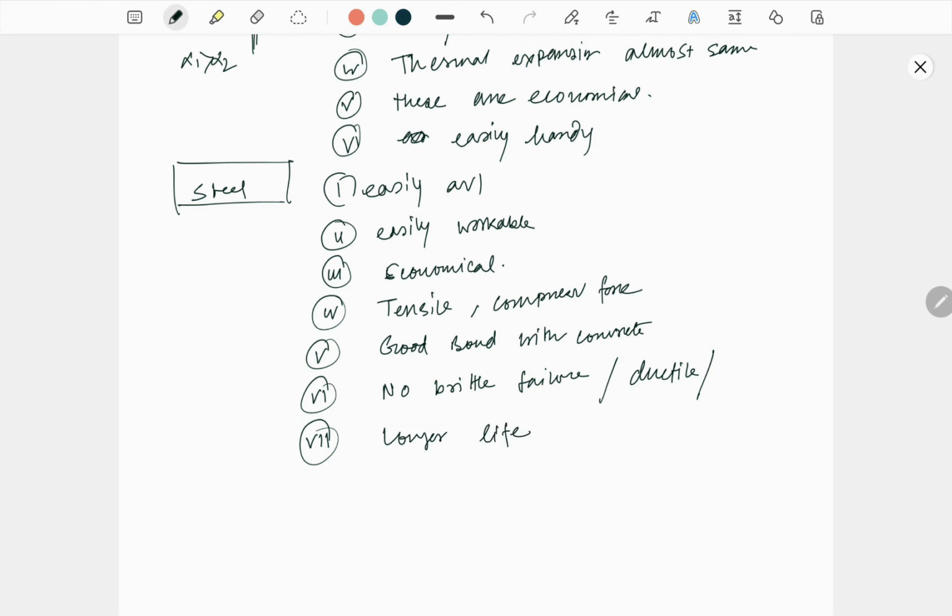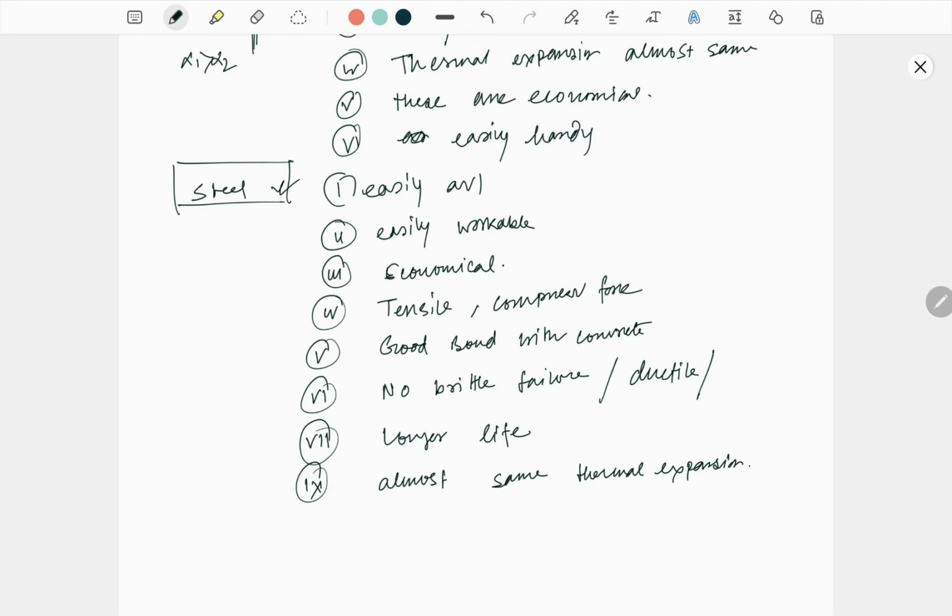And one more thing, almost the same thermal expansion. So these are the few points why we choose steel.